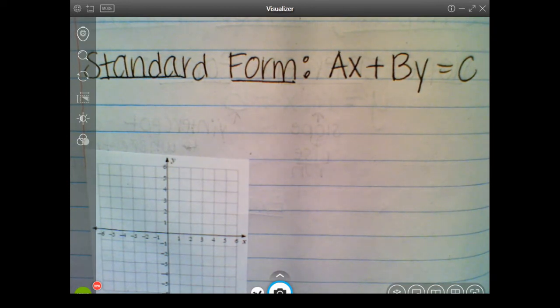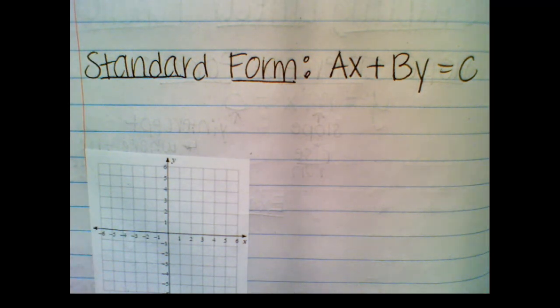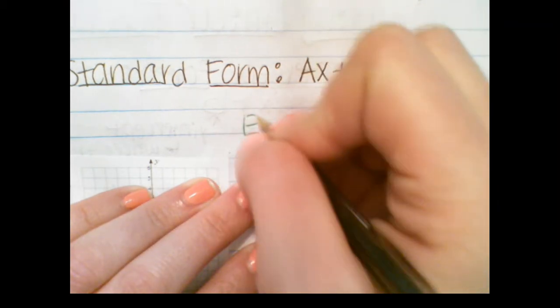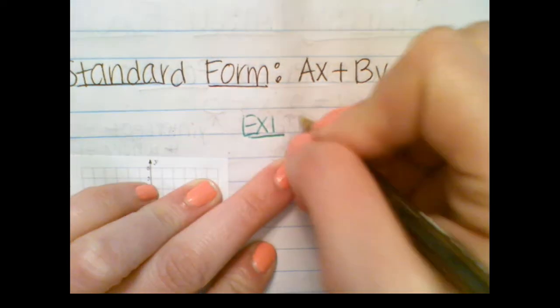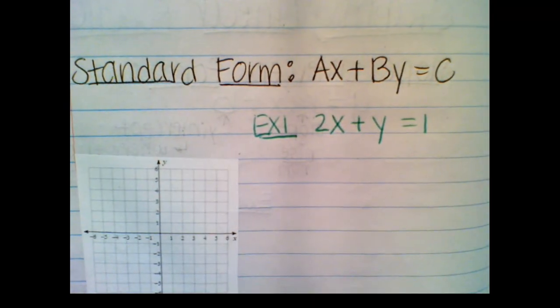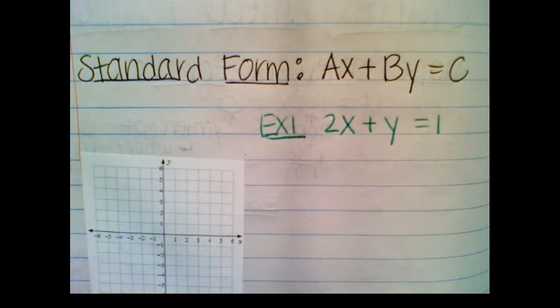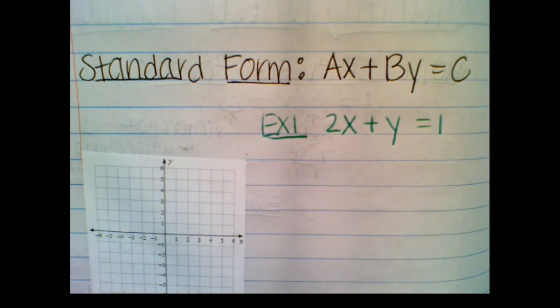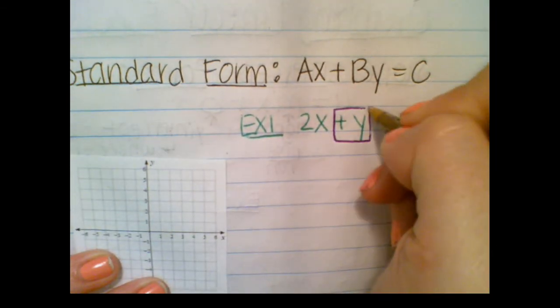So my first equation for this one is going to be 2x plus y equals 1. Well, I need to make this look like y equals mx plus b, which means I need to get the y by itself.